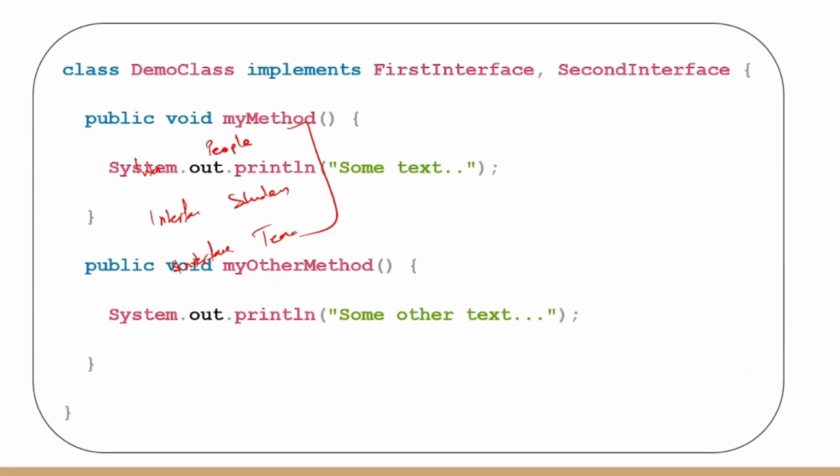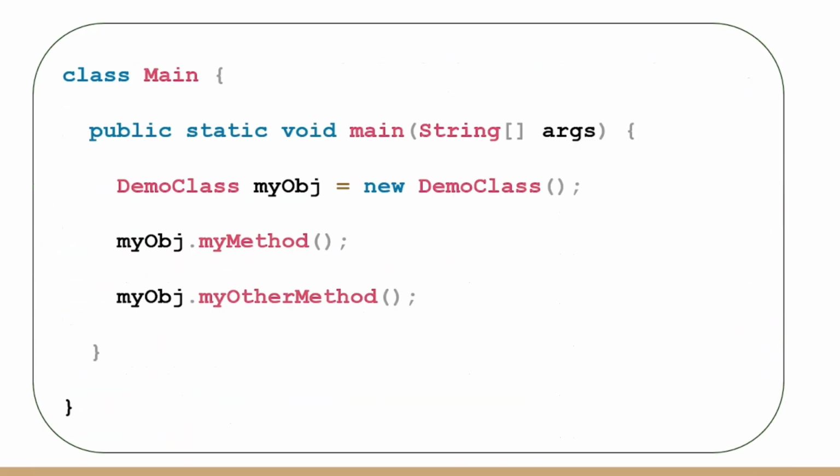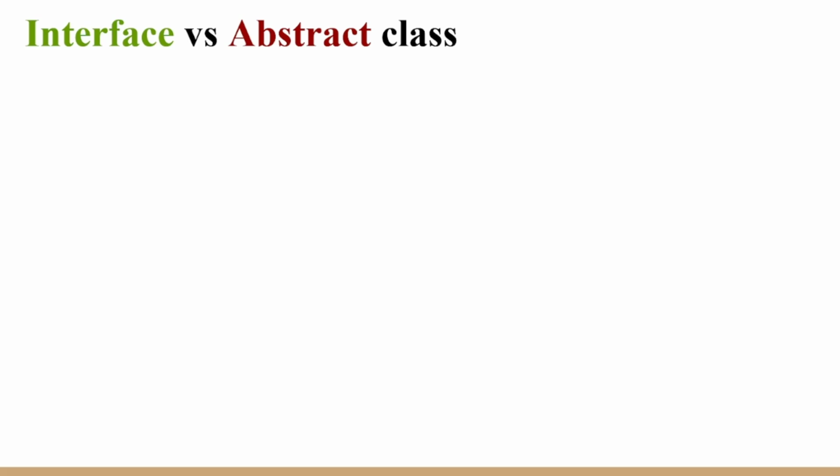Here you can see a demo class inheriting the first interface and the second interface also, and the methods of the first interface and the second interface need to be overridden. So these are a couple of interesting things.